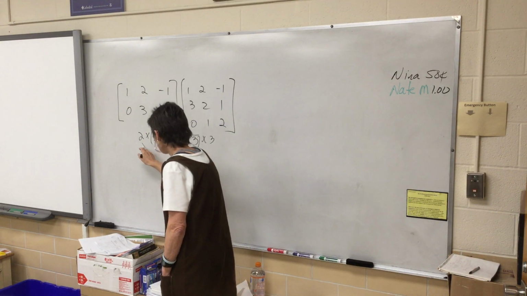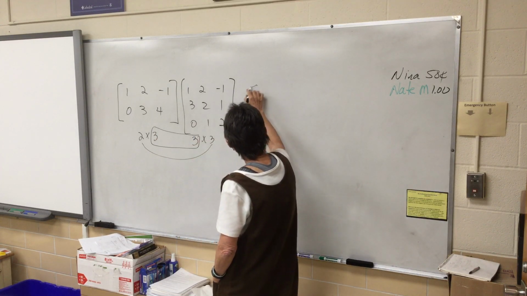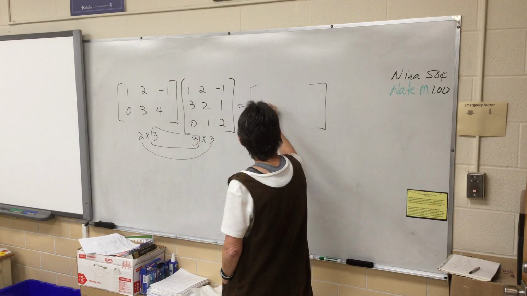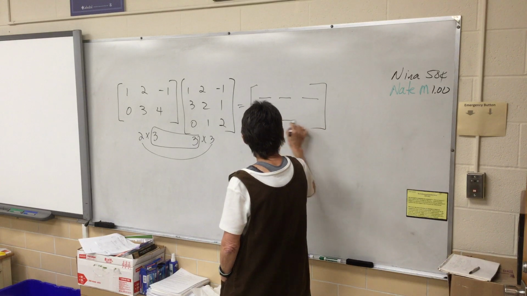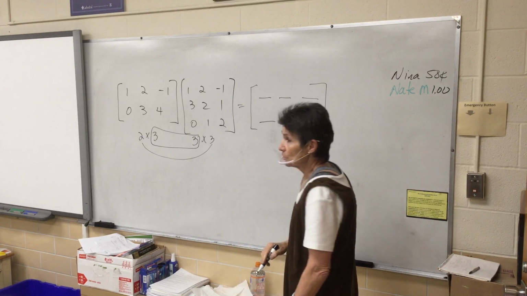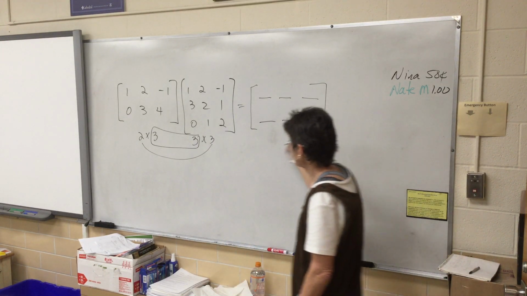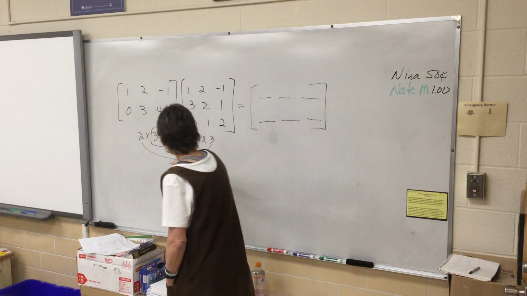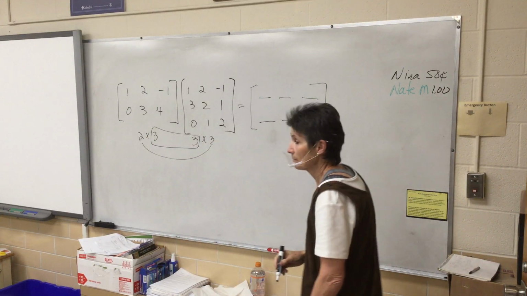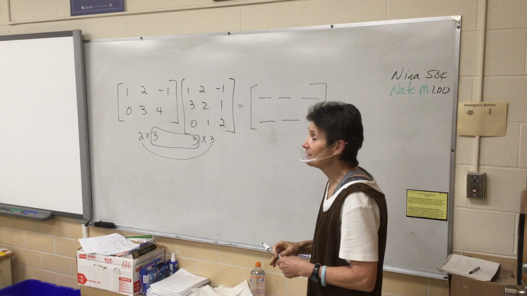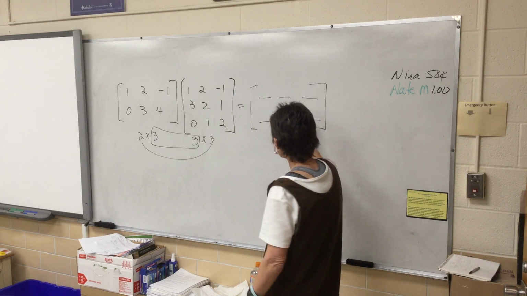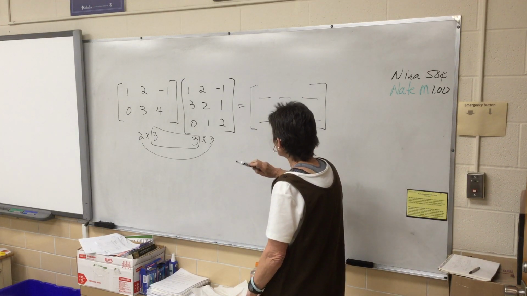And the outside dimensions tell me how big my answer is. So this is going to be another 2 by 3. This one's going to be the same size as my first one here. It's going to be a 2 by 3.